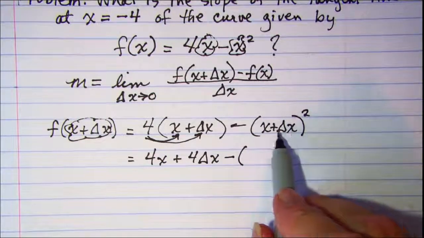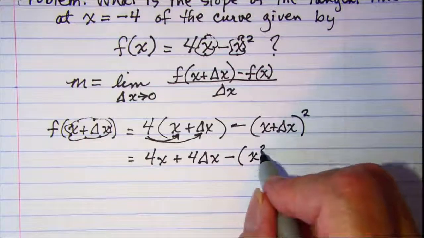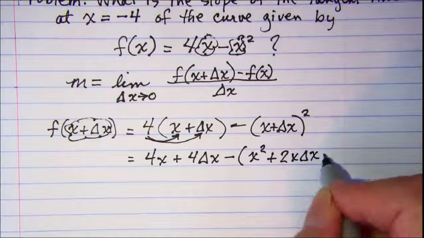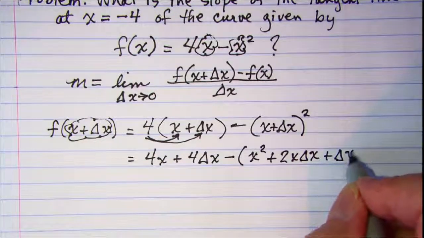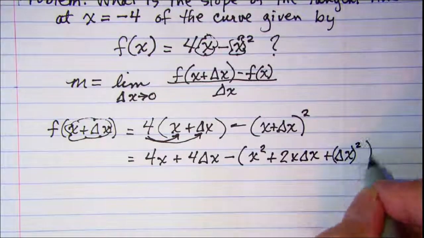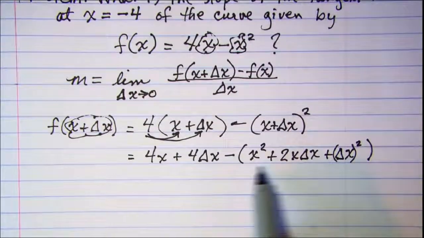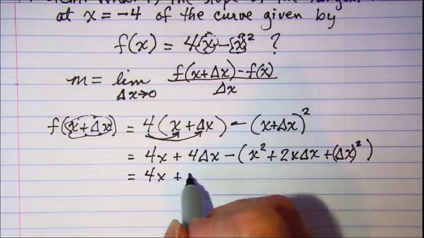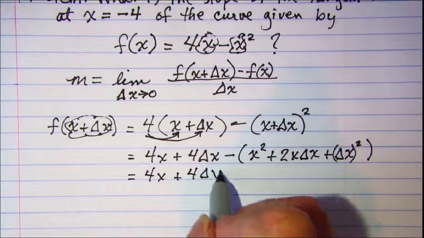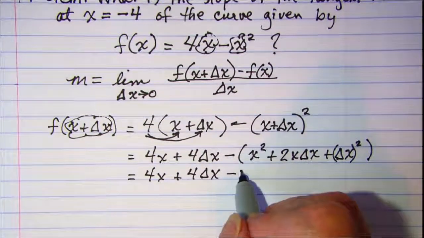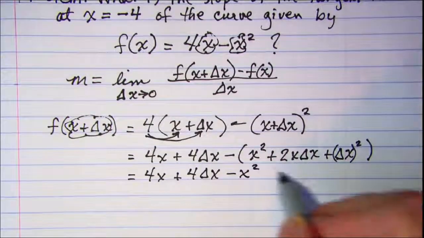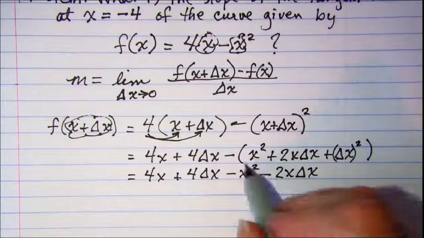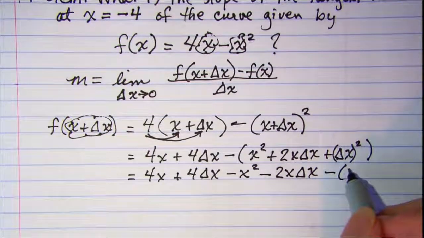When I square this binomial, I get x squared plus 2x delta x plus delta x squared. Right, now let's distribute this negative here. We have 4x plus 4 delta x minus x squared minus 2x delta x and then minus delta x squared.